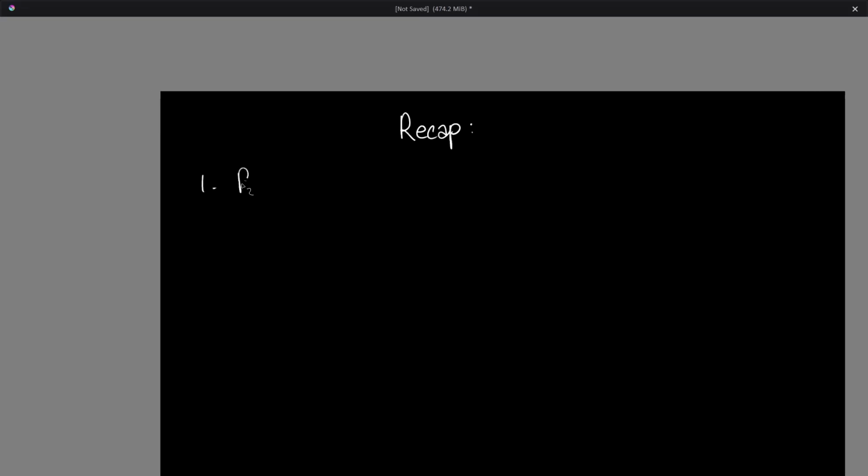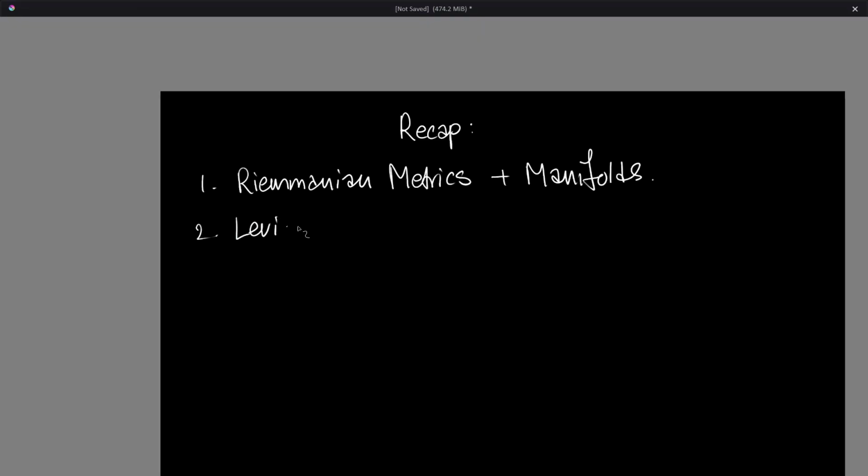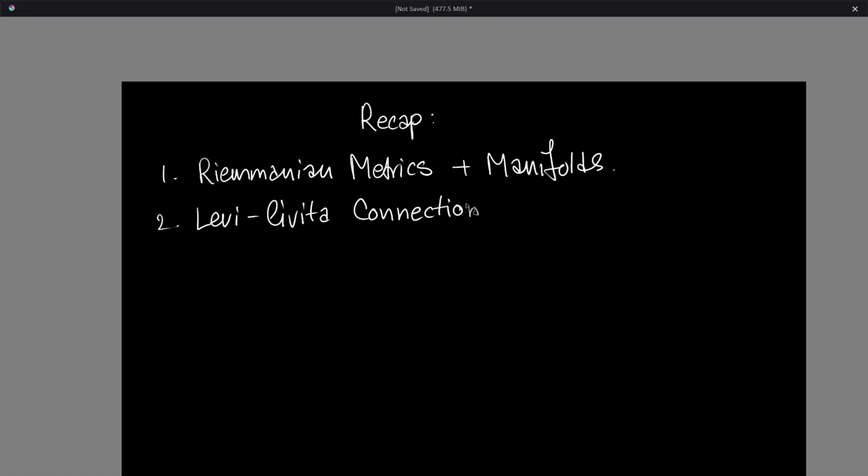So a recap of what we did today. We looked at Riemannian metrics, and Riemannian manifolds. We looked at the Levi-Civita connection that was given to us by the fundamental theorem of Riemannian manifolds, a very important sounding name.